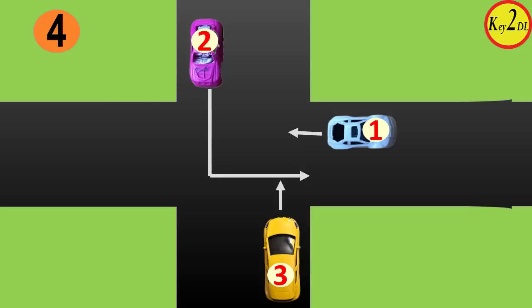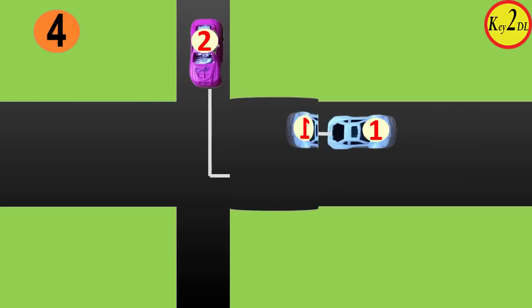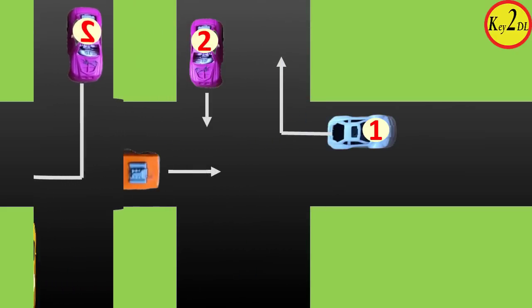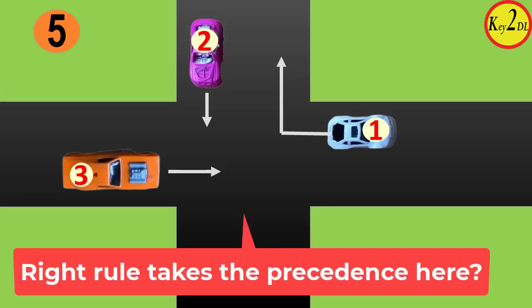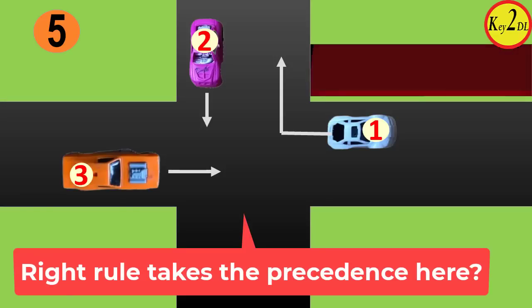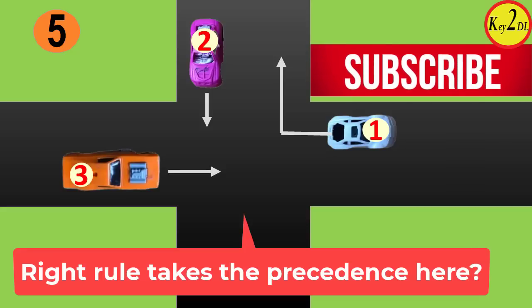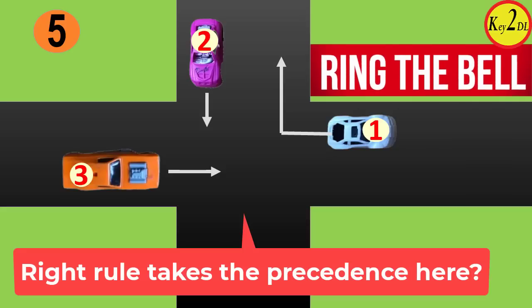So now coming to situation number 5, and it is also a similar situation but 3 different cars going in 3 different directions. There are no traffic signs, so we must apply the right hand rule here. The right hand rule should take precedence.